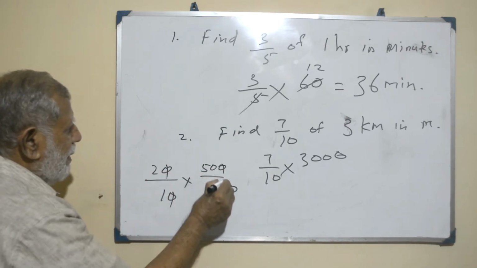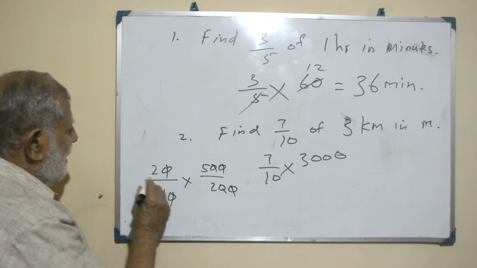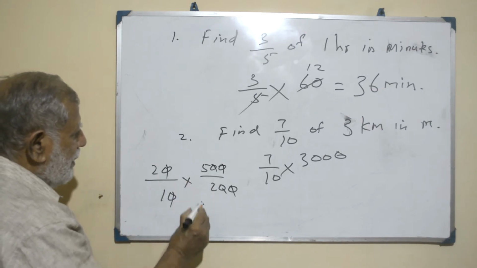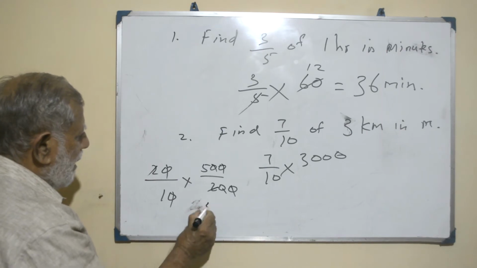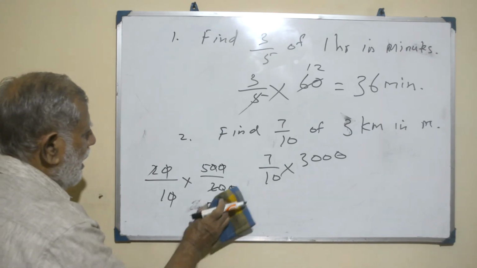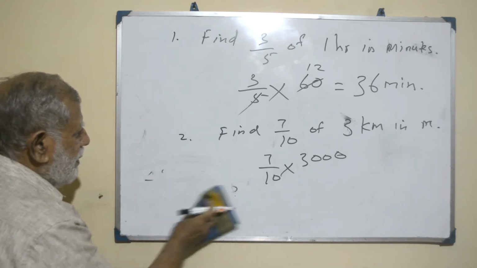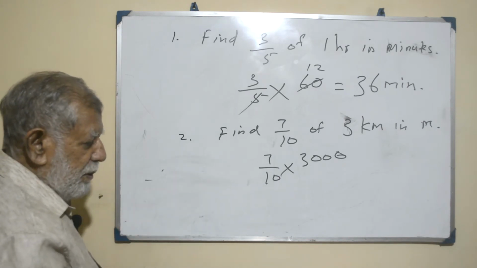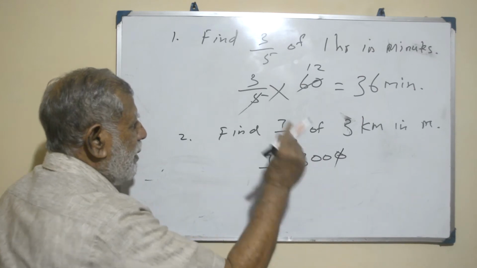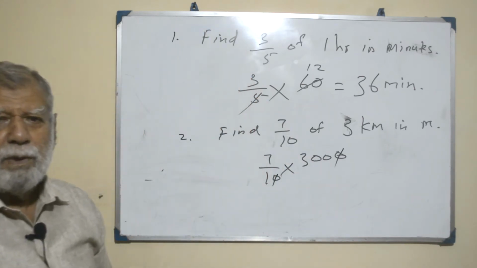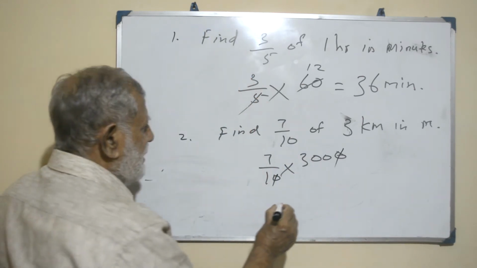Here, 0, 0, 0, 0. So here the answer is 4 upon 2. So again 2 and 2 cancel. That is equal to 5. Answer is 5. So like that here also you get the zeros, so you have to just cut the zeros. It must be 1 zero on top and 1 zero on bottom. We can't cut sideways.